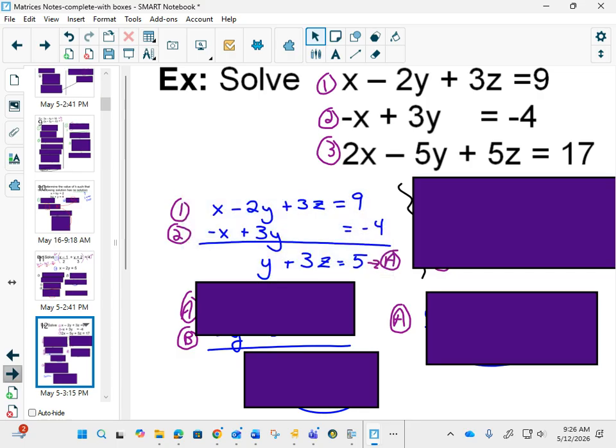Do you see if I add equation 1 and 2 together, that eliminates the x right away. So just noticing that, I made the decision, I want to eliminate the x. If I do that with equation 1 and 2, I get a new equation which, see how I'm labeling equation 1, 2, and 3? My new equation I'm labeling as equation A.